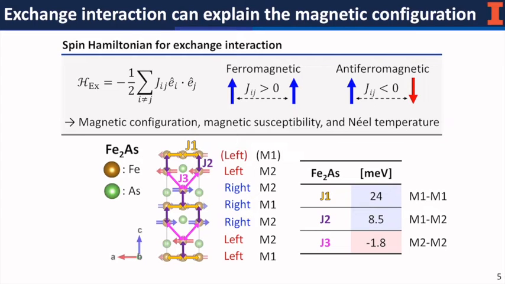So I use the interactions up to four times the lattice parameter. I think this is enough to include the significant exchange interactions which contribute to the Néel temperature.